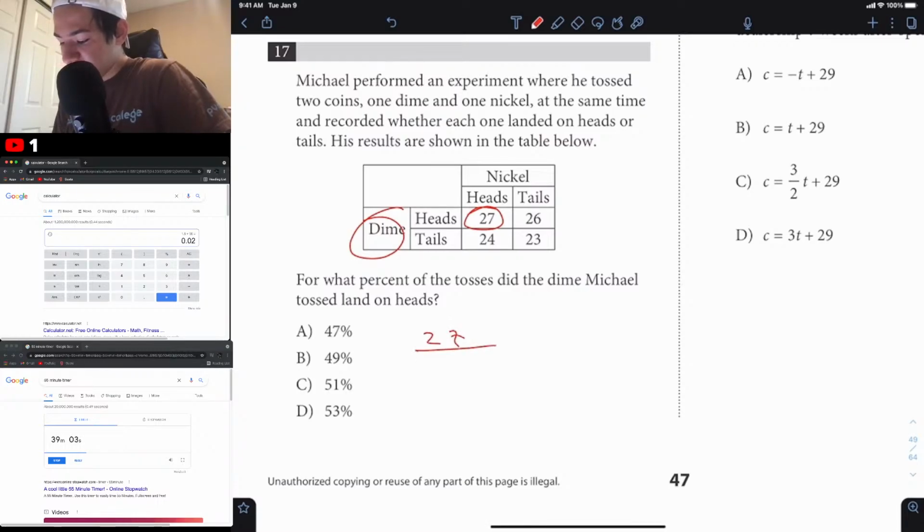Of the tosses, so what percentage of the tosses? So now we need the total of all the tosses, right? So let's total these up in the calculator real quick. So we got 27 plus 24. We could do it by heads, but mental math, 26 plus 23. Save ourselves the trouble. 100. Oh, no.